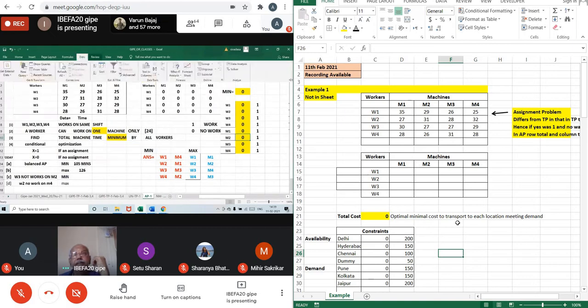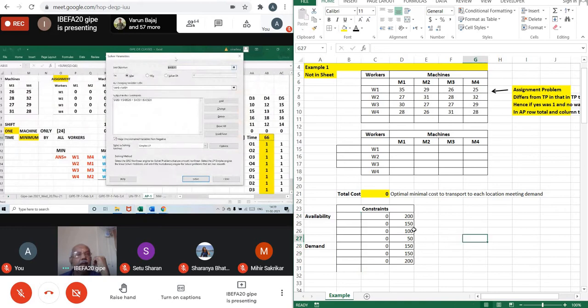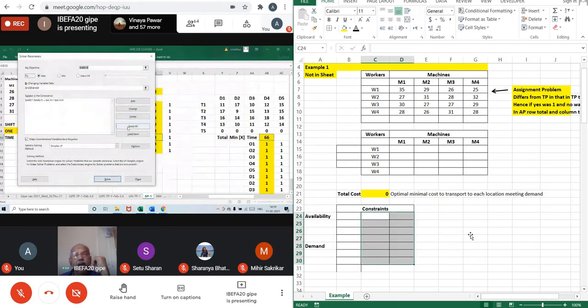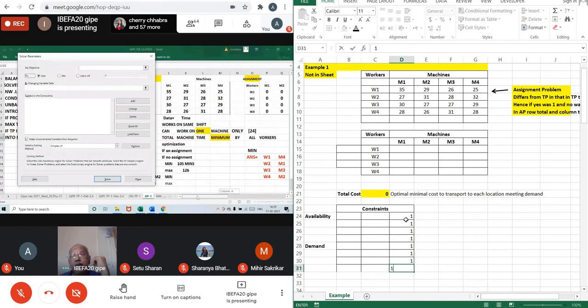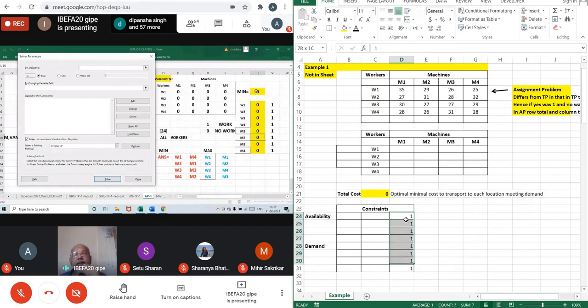Data, go to solver, reset all. My cell will be U3. I want the minimum.